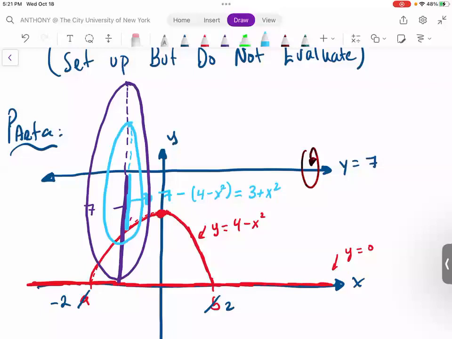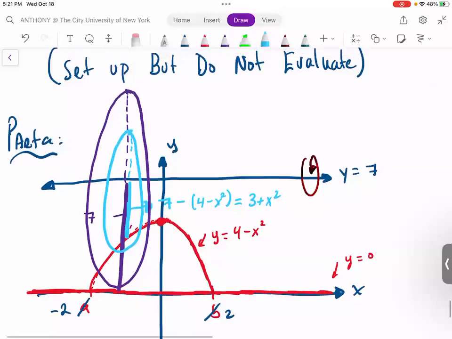Now, since we're doing a rotation about the line y equals 7, you can reflect those distances over y equals 7. So if I reflect those purple and light blue regions with dotted lines, that helps me create my washer or donut. Okay? Now, more importantly, these two pieces are important because they essentially give you two radii.